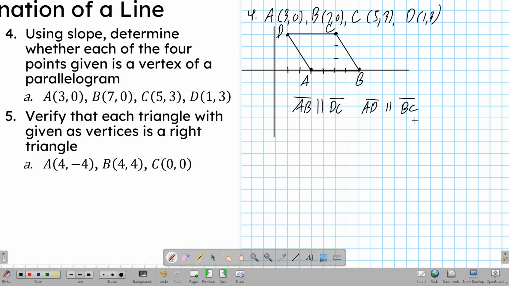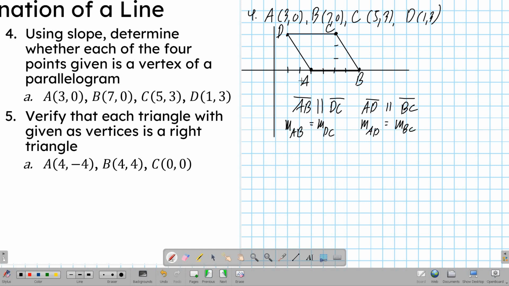The symbol for parallel is this. We said earlier that if slopes are equal, then the lines are parallel. And if the pairs of opposite sides are parallel, then that is a parallelogram. So let's figure that out.